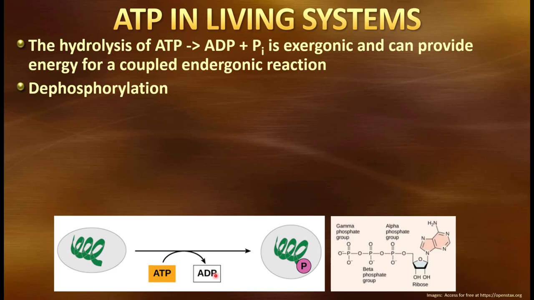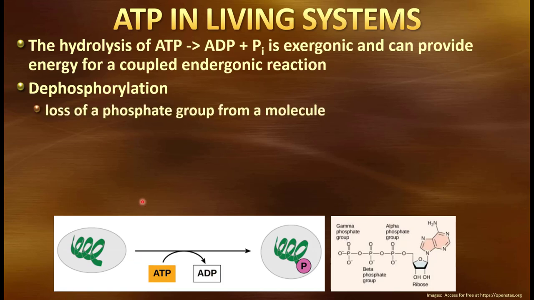So when we do this, we have these two different terms that we use, dephosphorylation and phosphorylation. In dephosphorylation, we are going to take a phosphate off of a molecule. So right here, ATP was dephosphorylated because we took a phosphate off of it. Remember, ATP is adenosine triphosphate, ADP is adenosine diphosphate. So we took a phosphate off.